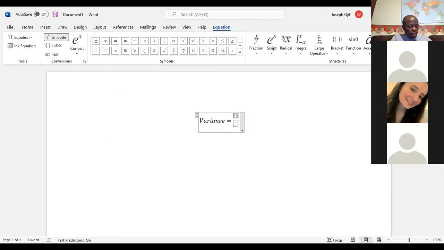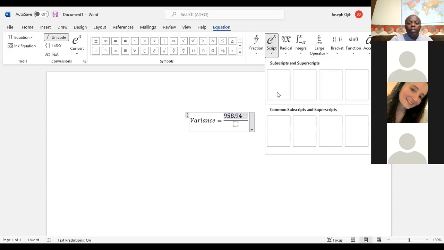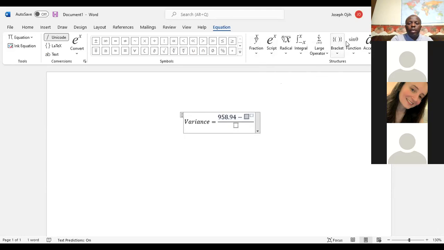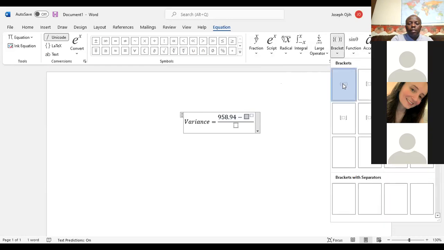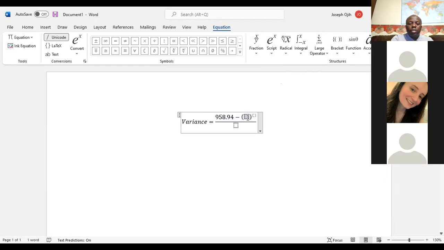I wrote it down somewhere here so I can be looking at it. I'm doing it. 958.94 we got from the table, minus sum of x squared, which is our 75.60 squared, over n.